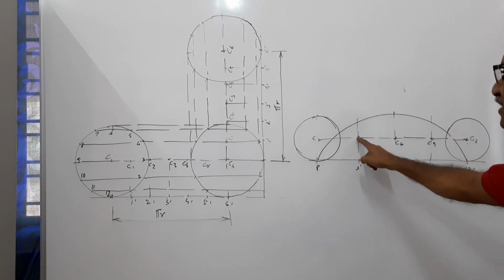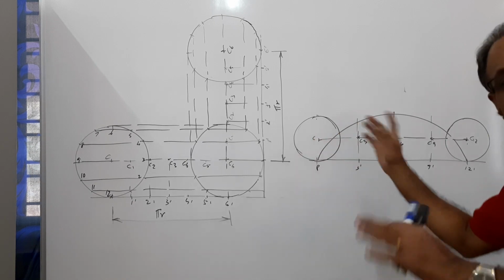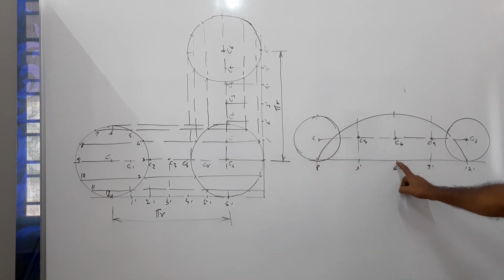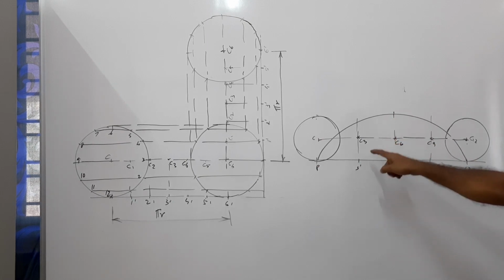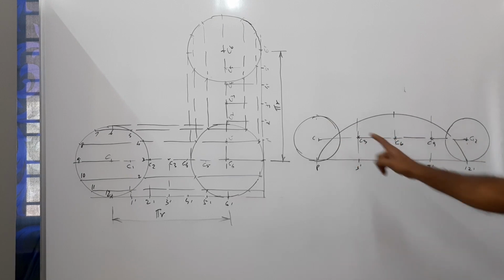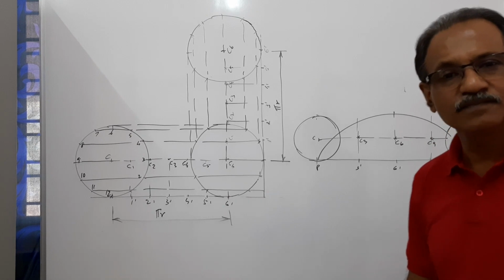Circle will be here and center will be at C3. Agreed? When it further rolls, 6 will come at 6 dash and here is the circle and C will come at C6. When it further rolls, 9 on the circle will come at 9 dash and the center is at C9 and finally C12. Those are the 4 positions of the circle.